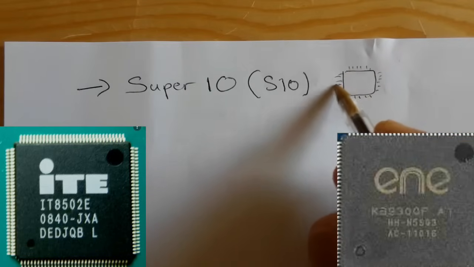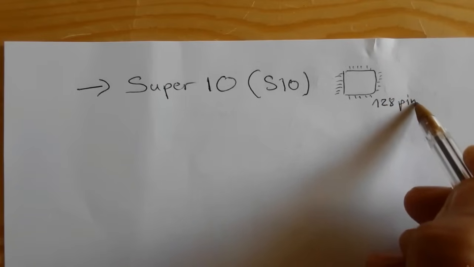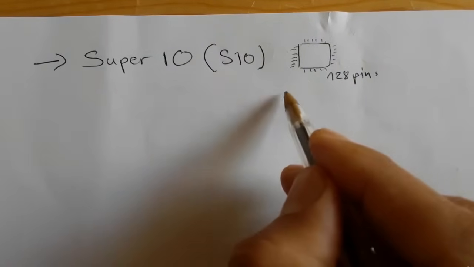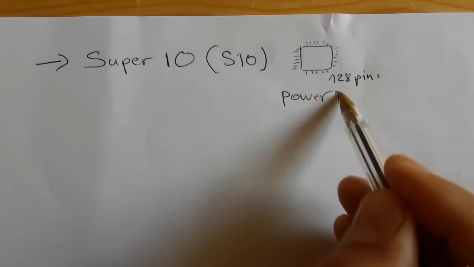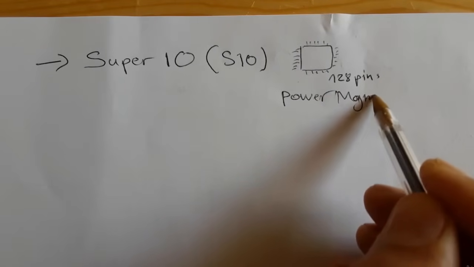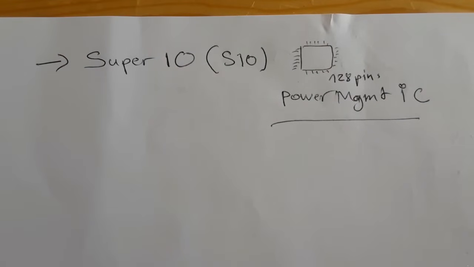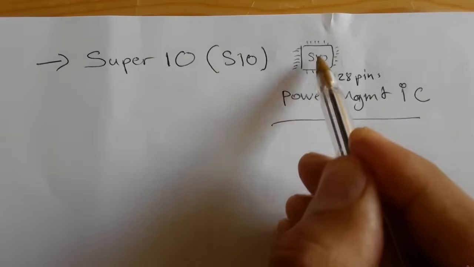The super I/O contains about 128 pins, and you can find many types of super I/O, like ENE or Winbond, etc., but usually with 128 pins. So the super I/O, or the power management IC, is also one of the common faults in the motherboards.